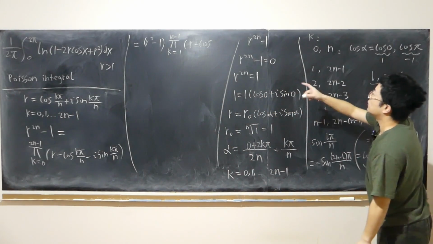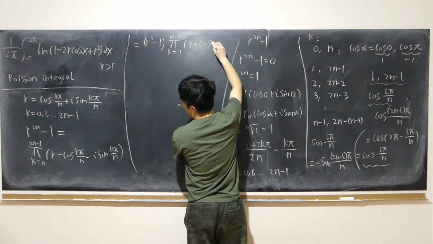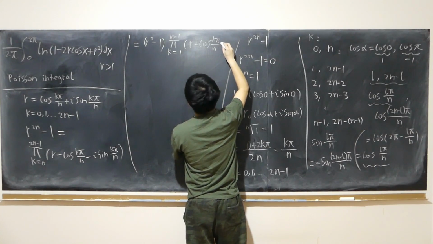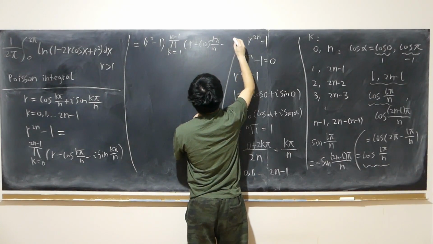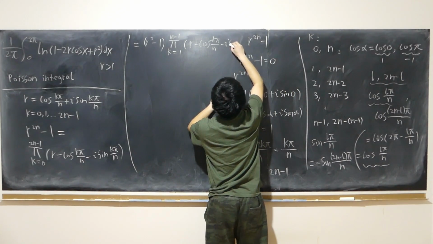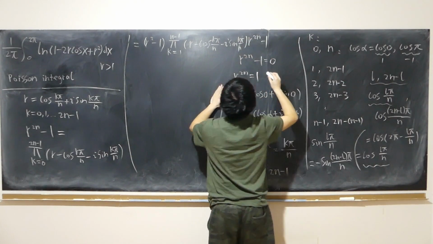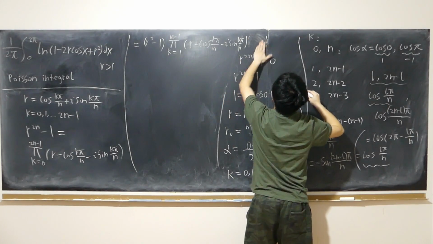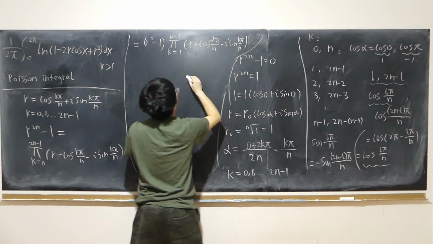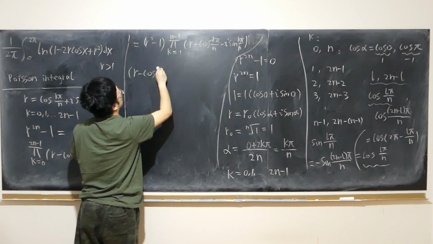For each k here, first let me copy this down: I sine k pi over n, also times r minus cosine k pi over n.